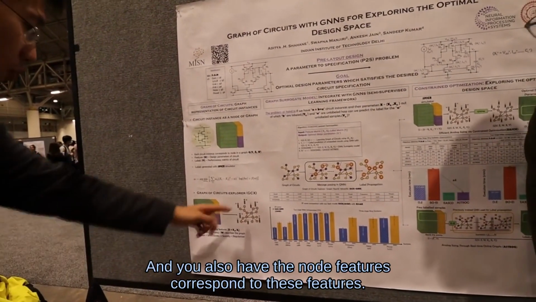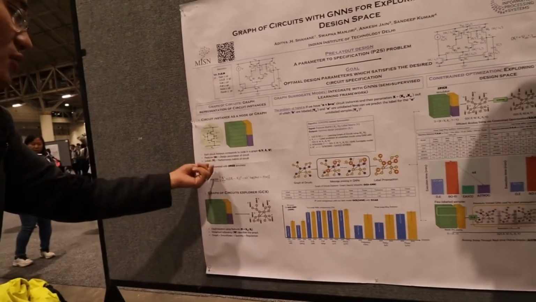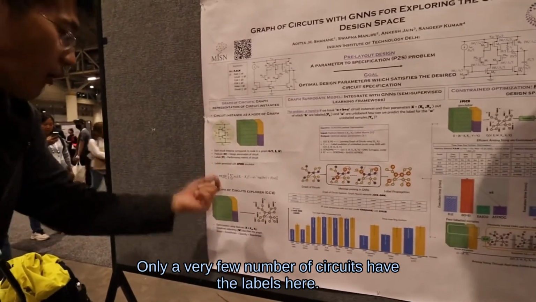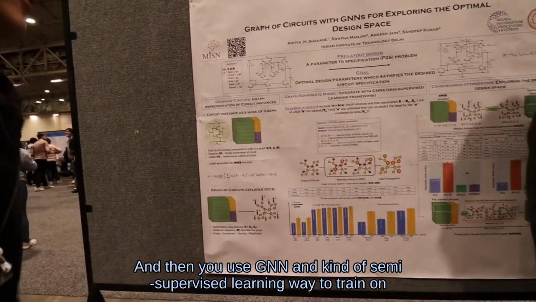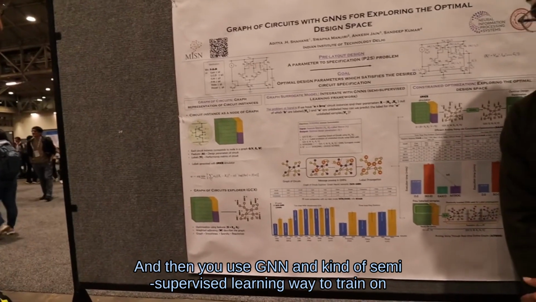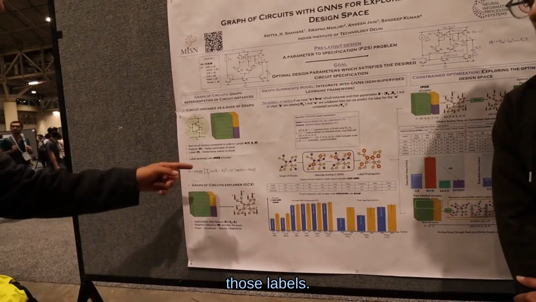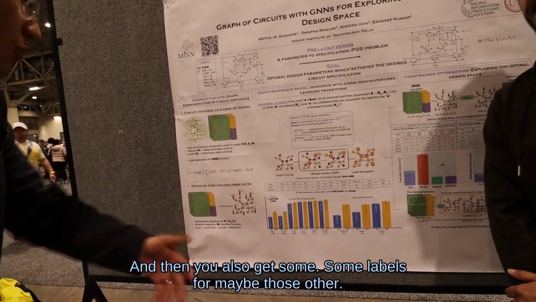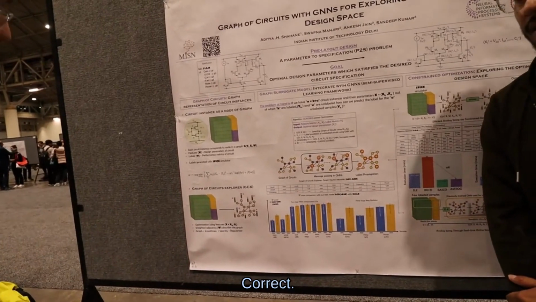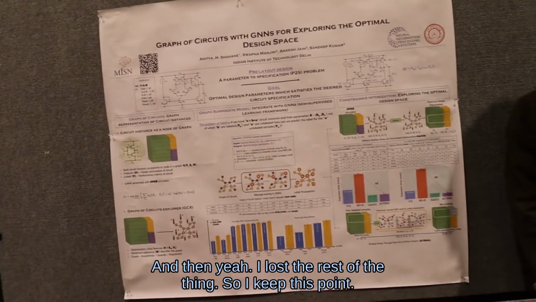You also have node features corresponding to these features, and also node labels. Only a very small number of circuits have labels here. Then you use a GNN as a kind of semi-supervised learning way to train on those labels, and you also get some labels for the other unlabeled ones. Correct.